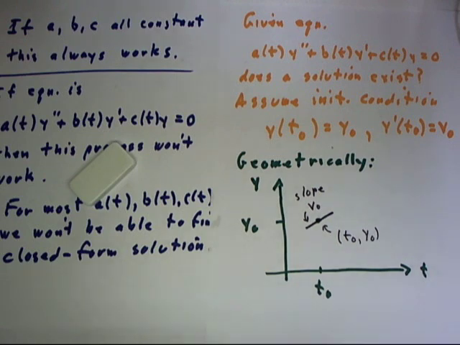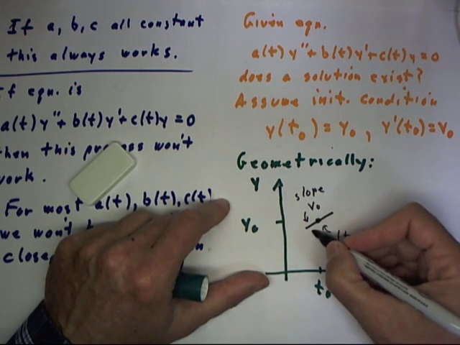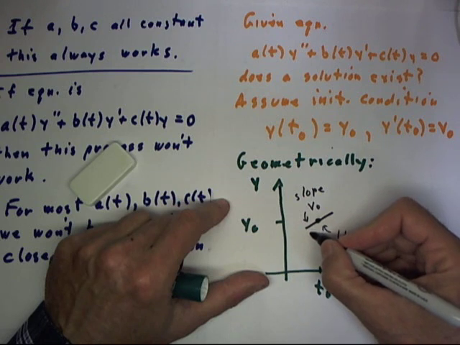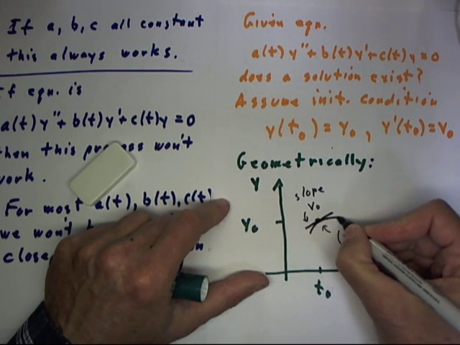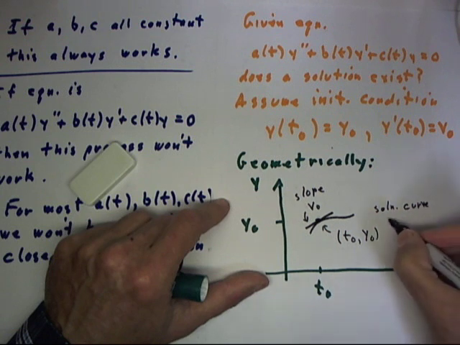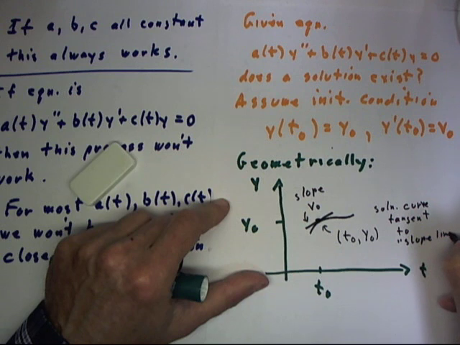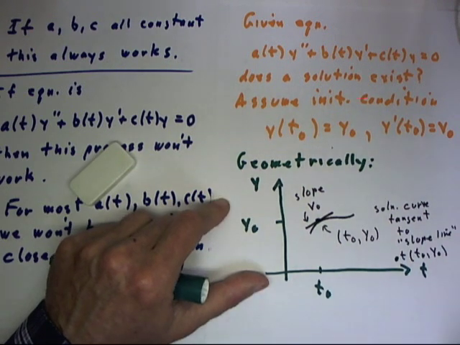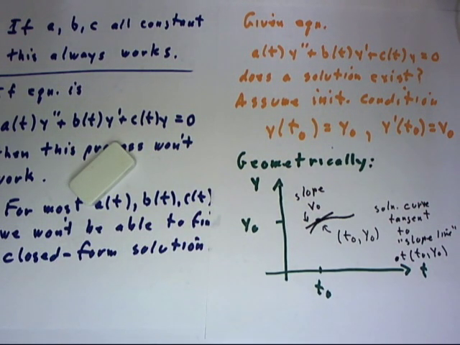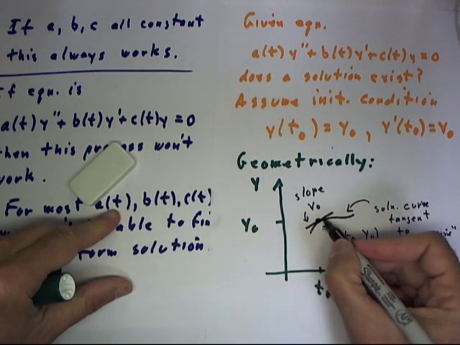So if there is a solution curve in the neighborhood of this point, so if there's a solution to the function in the neighborhood of this point, that solution can be represented by a curve which is tangent to the slope line at t naught, y naught. So our solution curve might look something like this.